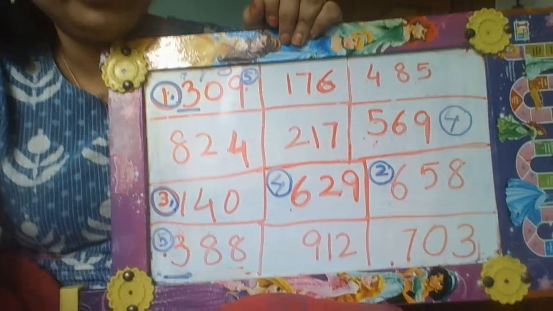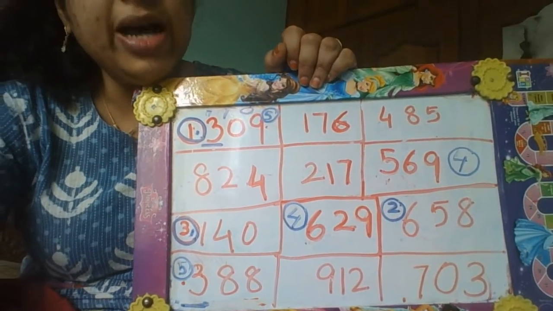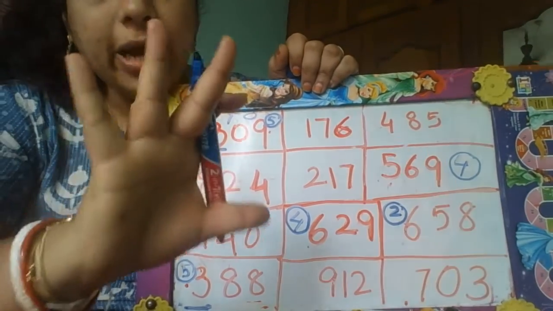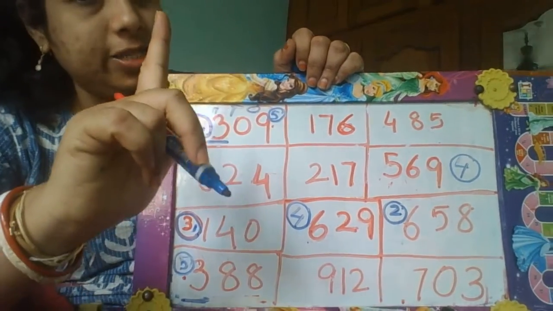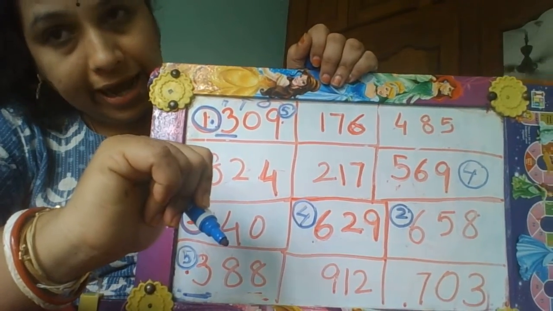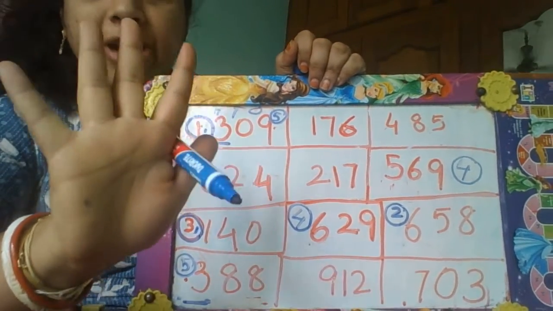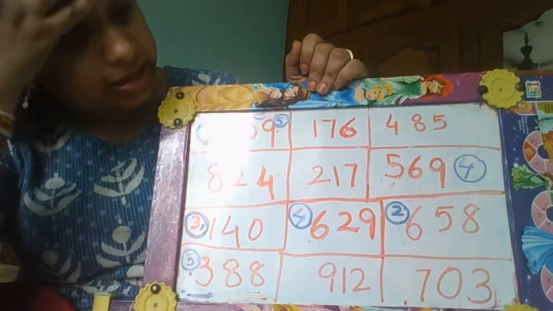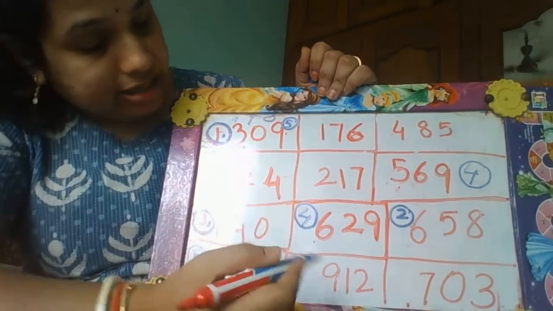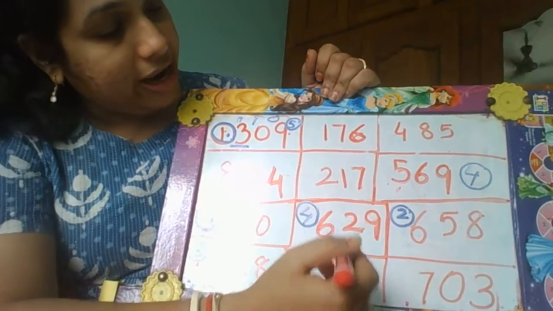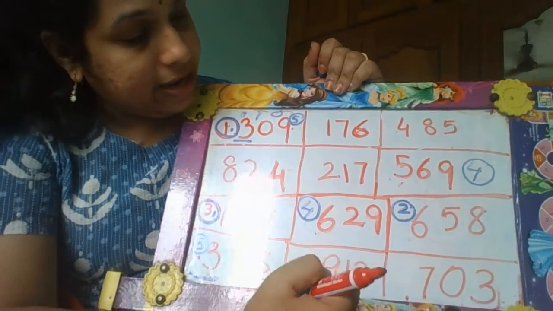Okay. Next is a number which has 5 ones. 5 ones means what, children? The number should have number 5 in the ones place. Check now. Wherever you find number 5 in the ones place, underline.